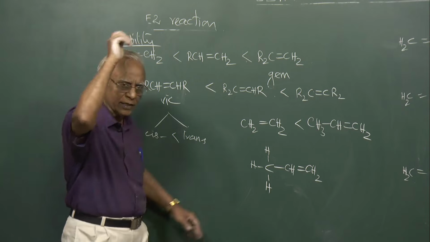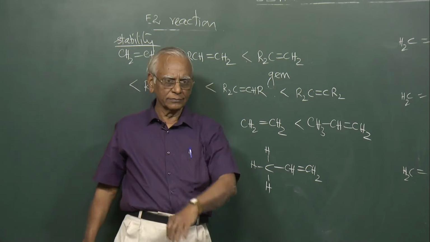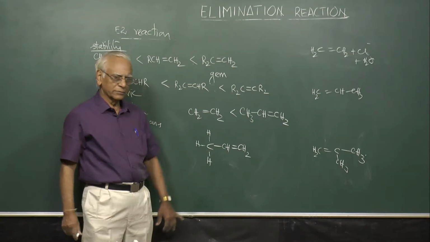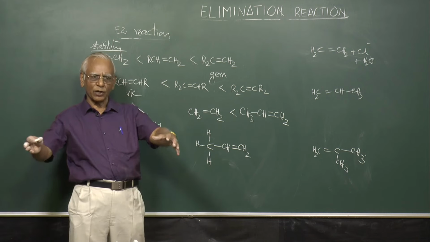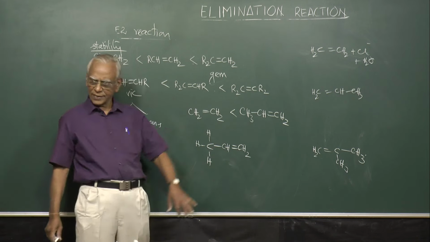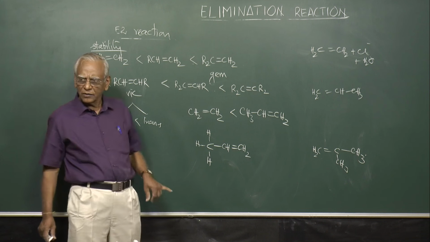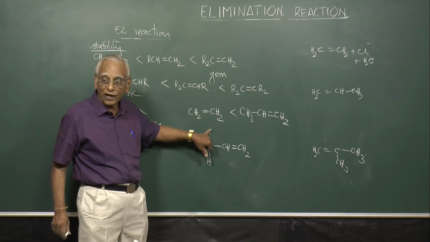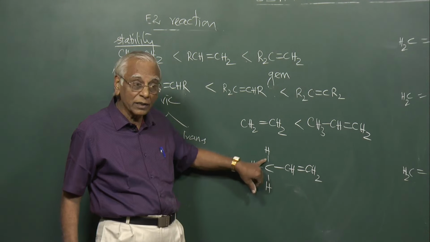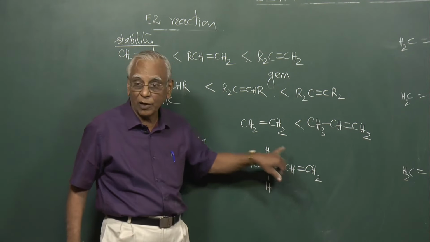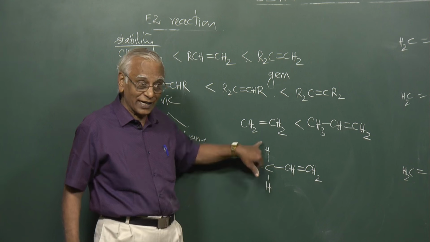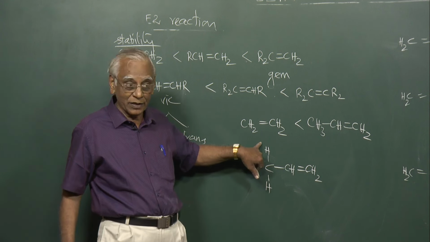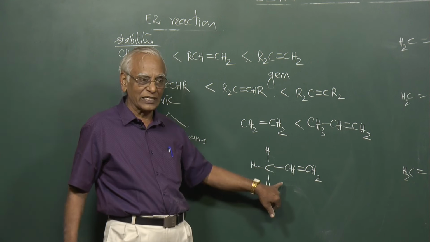What is conjugated? You tell me. Single bond, double bond. Which single bond? The sigma bond attached to the alpha hydrogen atom and the double bond. They are conjugated, separated by means of a single bond.